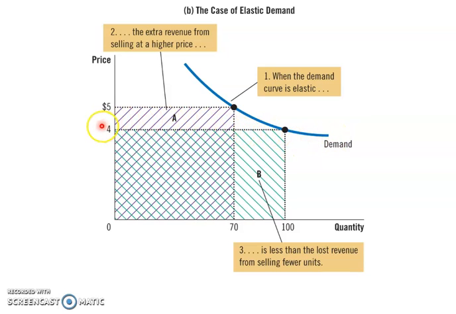Now let's explore the consequences of raising the price of pizza from $4 to $5 a piece. Previously we found that at $4 the total revenue would be $400. When we raise the price to $5, each piece we can make $1 more.